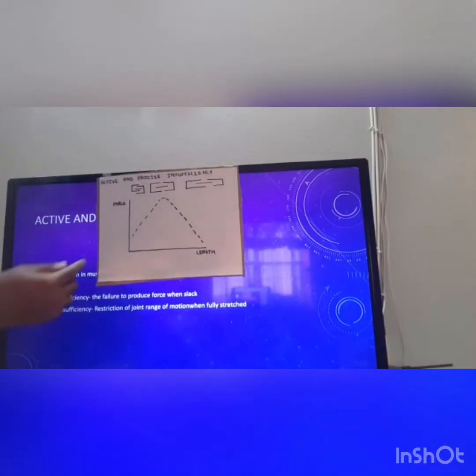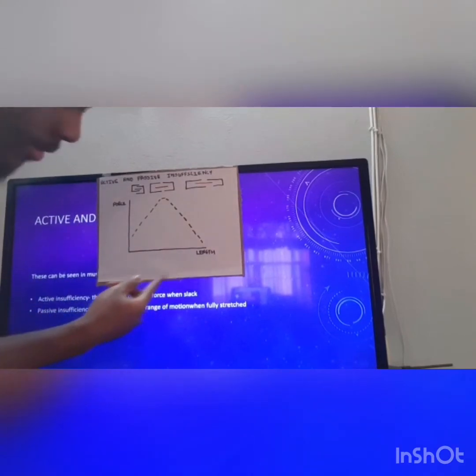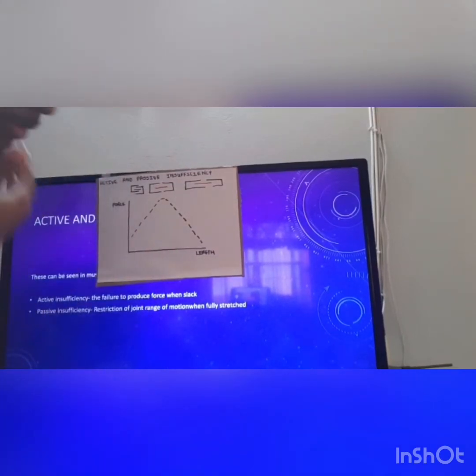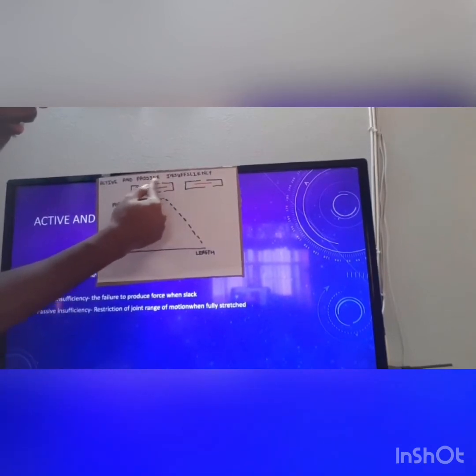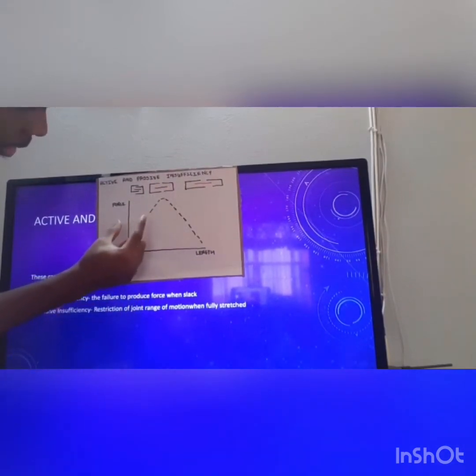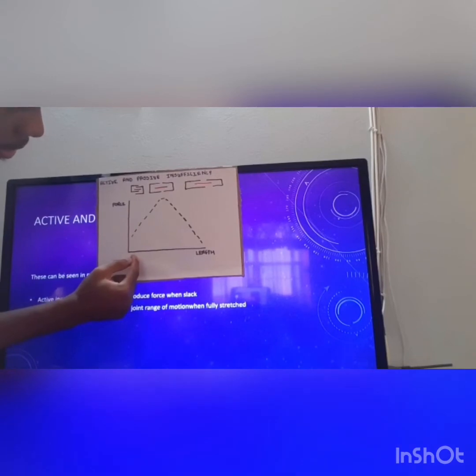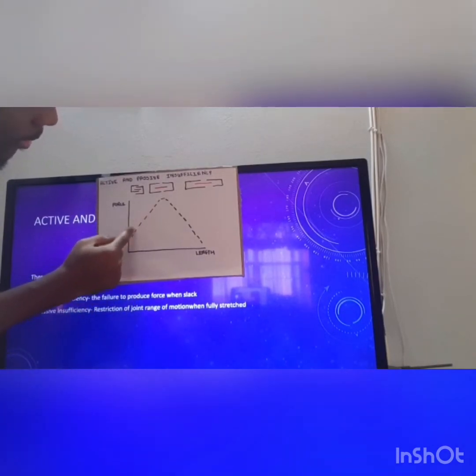Okay, so there's force and length on the XY axis, right? So I believe if this is a sarcomere, the length, if it is contracted too much, you wouldn't be able to produce much force, right?